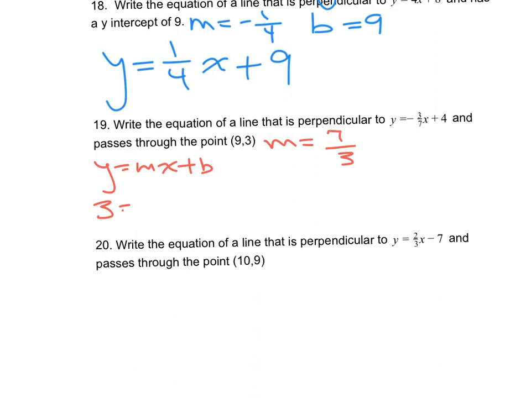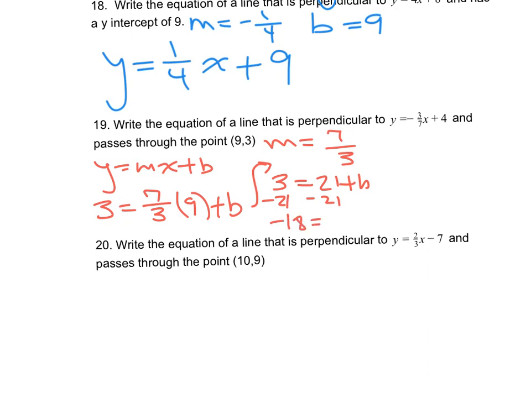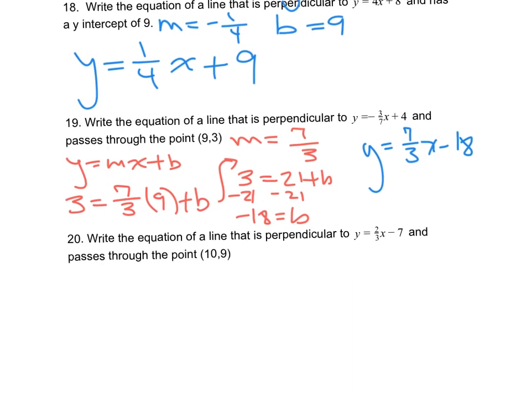So I have 3 equals 7 over 3 times 9 plus b. 7 over 3 times 9 is 21. So 3 equals 21 plus b. And I subtract 21 from both sides. Negative 18 is b. So now I can write my equation, y equals 7 over 3x minus 18. Okay.